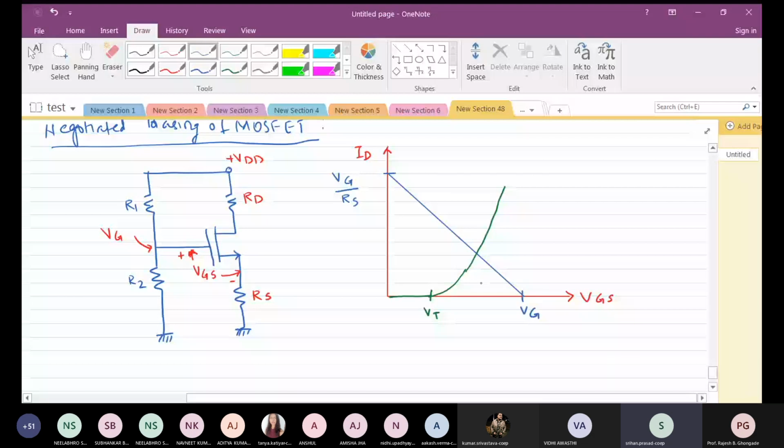We have a Q point here. This will be your IDQ. Voltage over here will be your VGS.